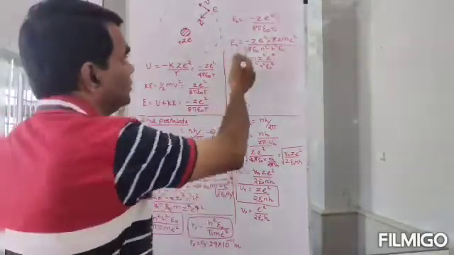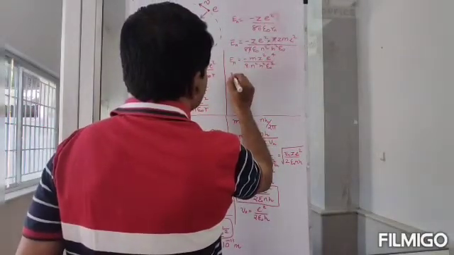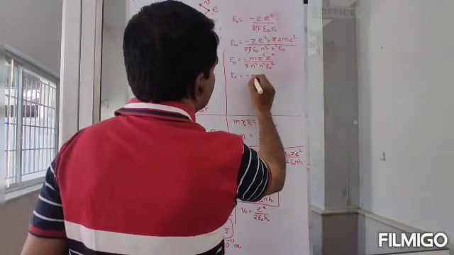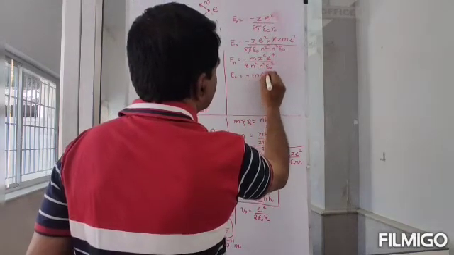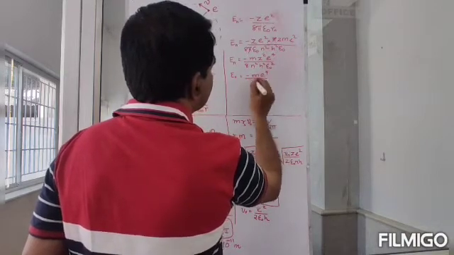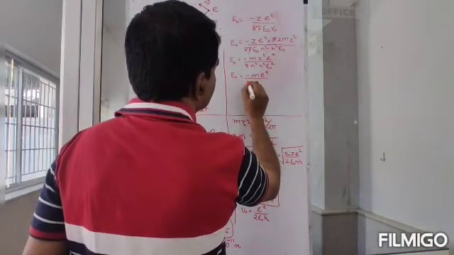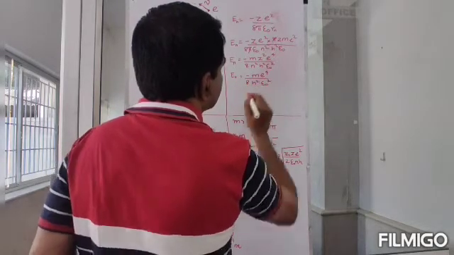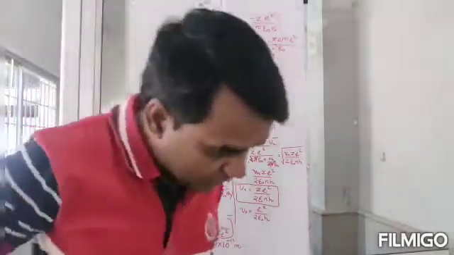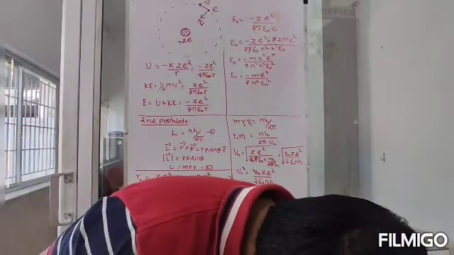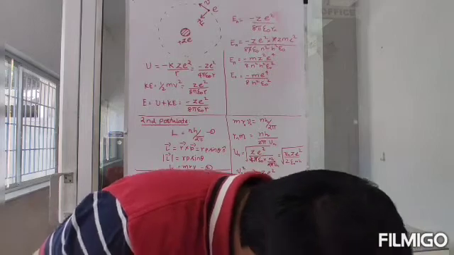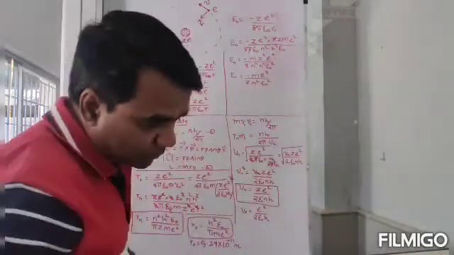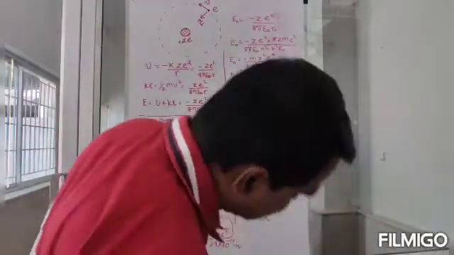So E naught, or E1, whatever you want to call it, is minus m e to the power 4 divided by 8 h squared epsilon naught squared. If I just put in these numbers, then I'll get 13.6 electron volt.